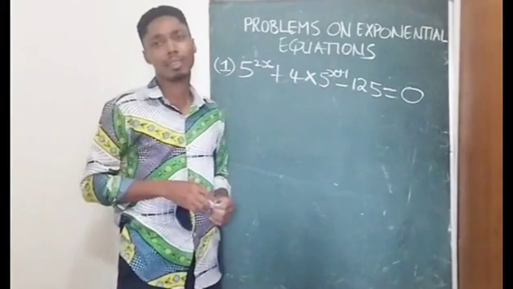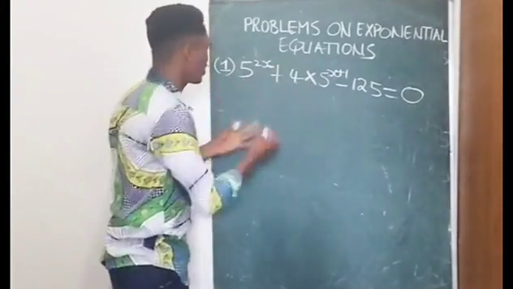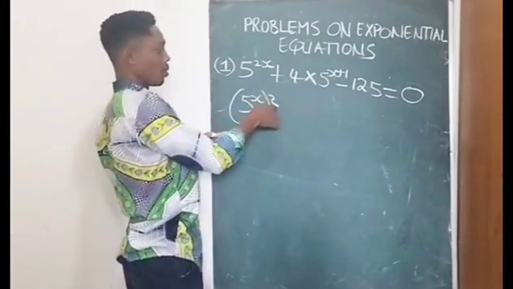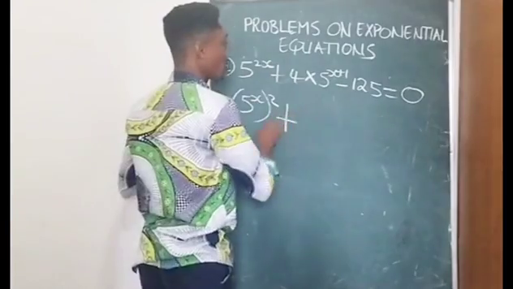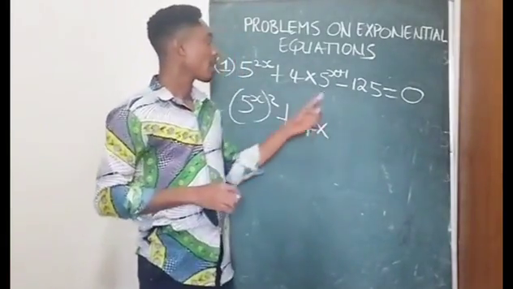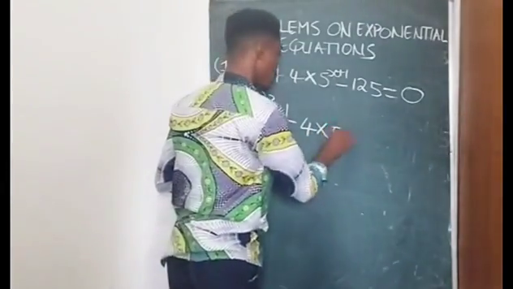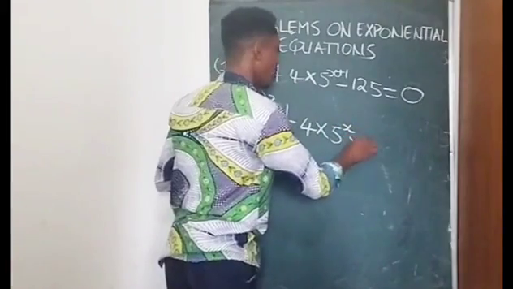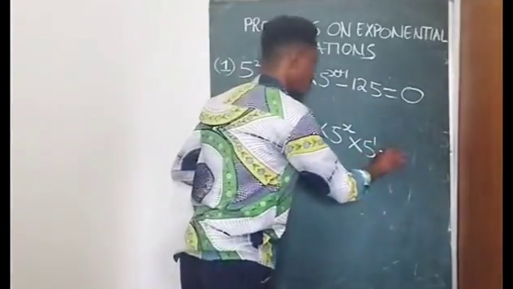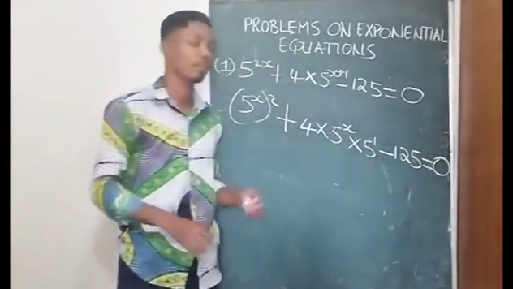How are we going to go about this? It's simple. This can be rewritten as 5 raised to power x, all squared, since x times 2 is written as 2x, plus 4 times, remember that 5 raised to power x plus 1 is the same thing as 5 raised to power x times 5 raised to power 1, minus 125 equals 0.